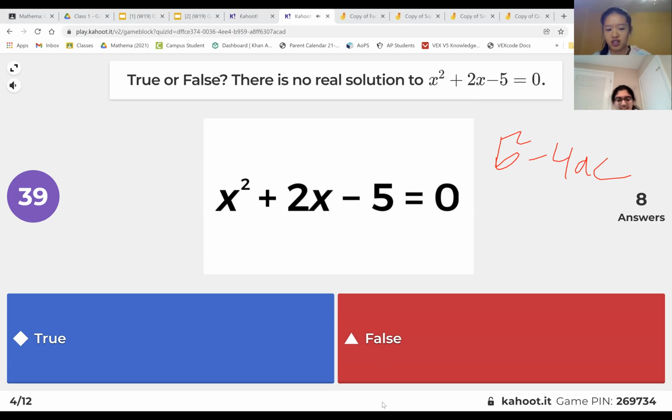I used to get them interchanged for some reason. Can't say without giving it away. So, b squared minus 4ac is called a discriminant, not a discriminator. I mean, you were close, but you know.